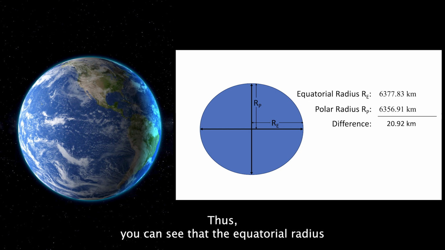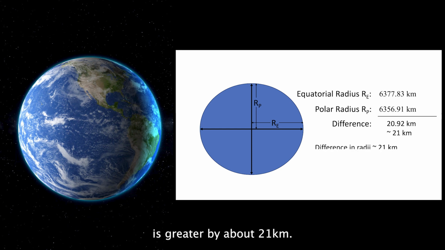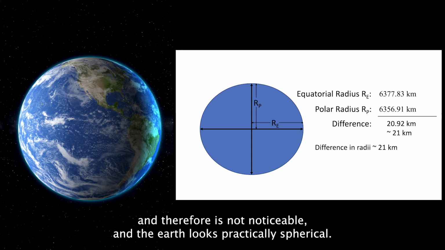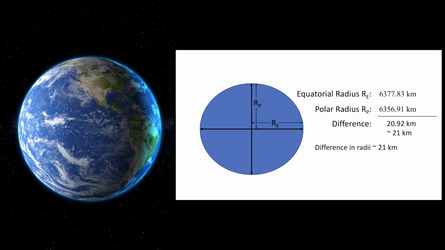Thus, you can see that the equatorial radius is greater by about 21 kilometers. In comparison to the total equatorial radius, 21 kilometers is only about 0.33%, which is very small and therefore not noticeable, and the Earth looks practically spherical.